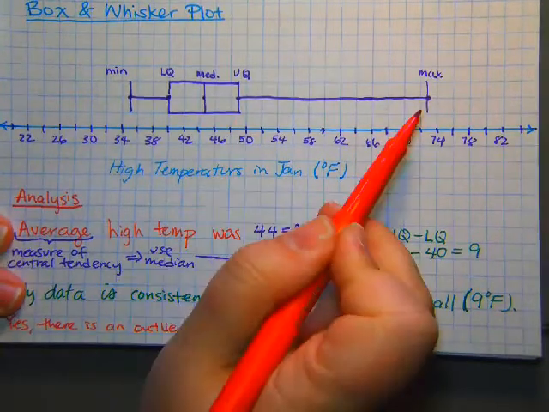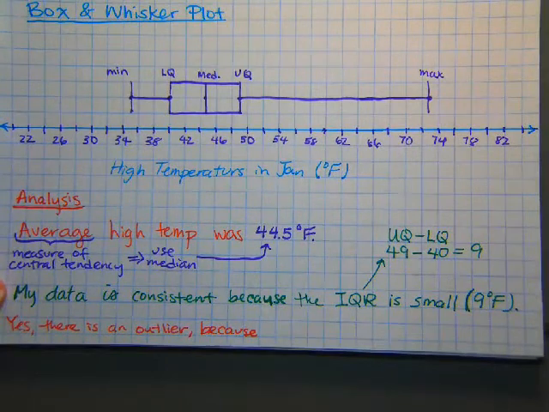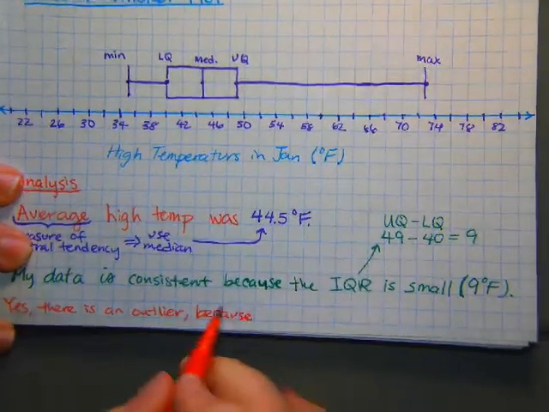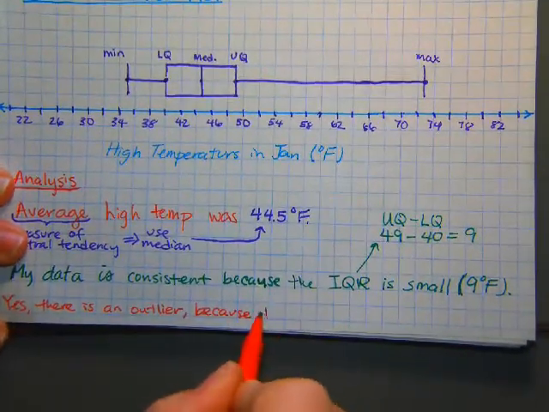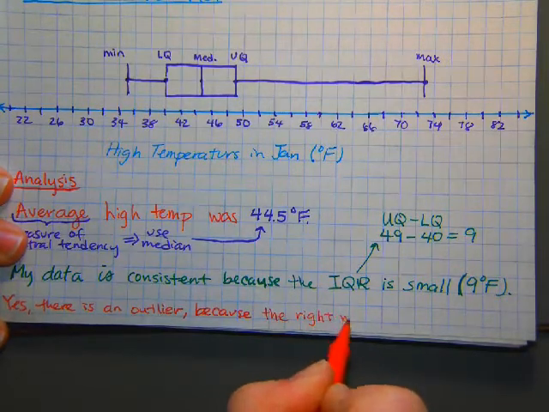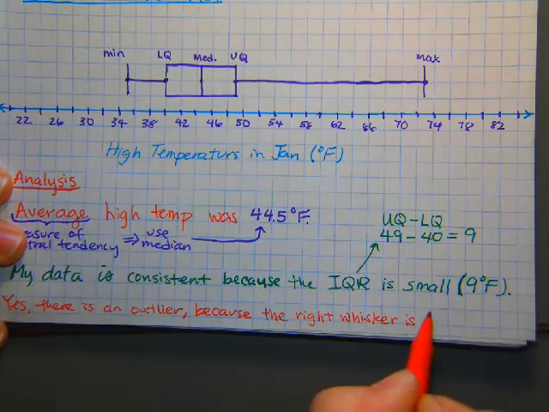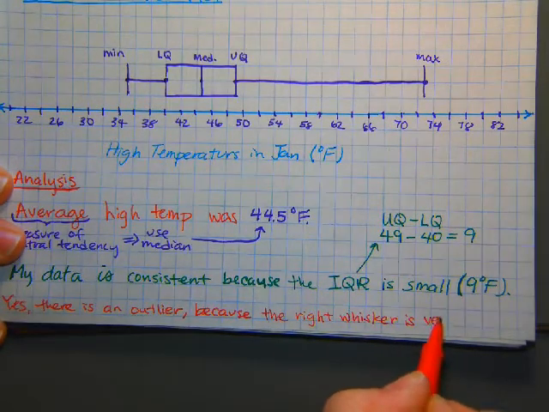But this whisker is really long, which you could talk about skew if you wanted. This would be skewed to the right. You could say the right whisker is very large.